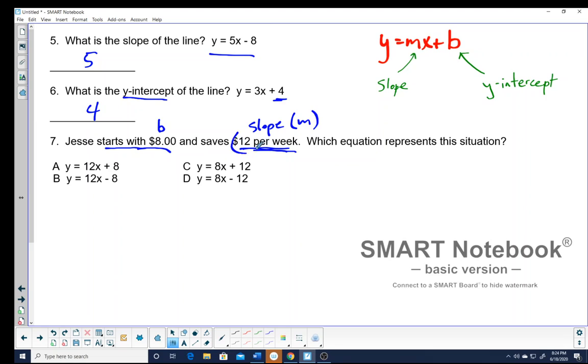So we need the 12 to be where the m is, and we need the 8 to be where the b is. So 12x means it either has to be A or B. These two have m values of 12. Starts with 8. That's positive, so it would be y equals 12x plus 8.